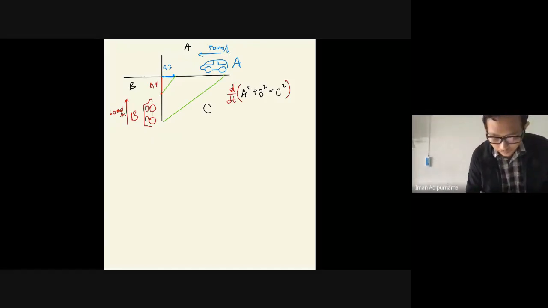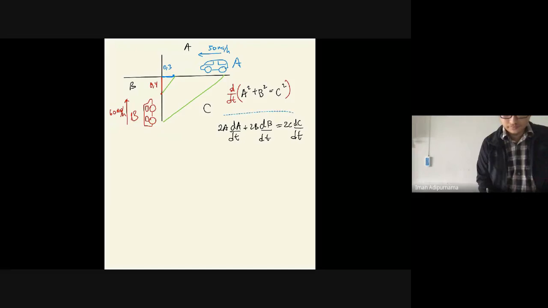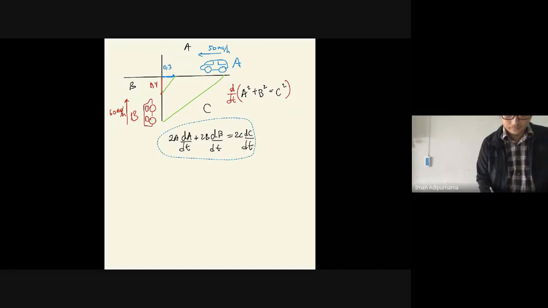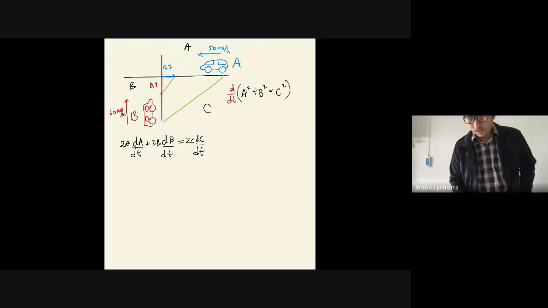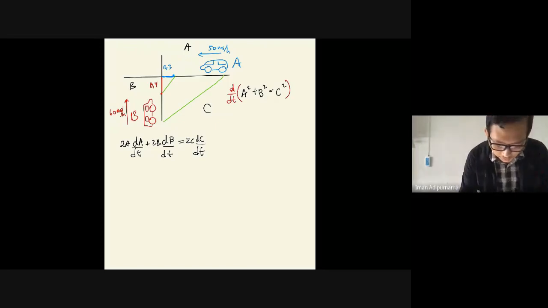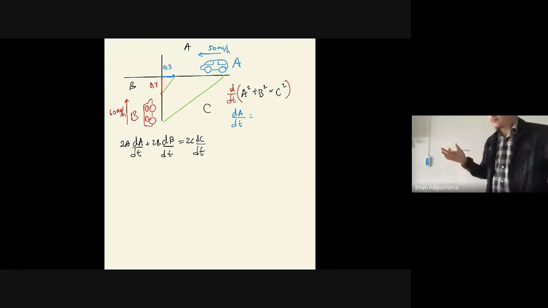2a dA/dt plus 2b dB/dt is equal to 2c dC/dt. Let me write dA/dt as in the information: A is traveling 50 miles per hour.